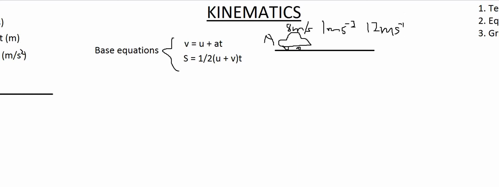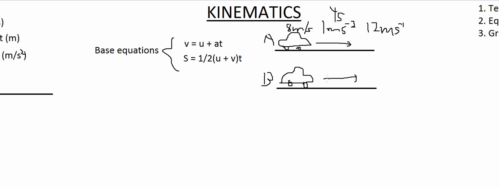Then you have another car, car B. It basically travels at 10 meters per second throughout the whole 4 seconds.